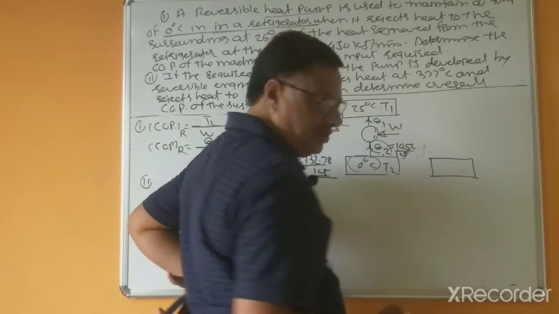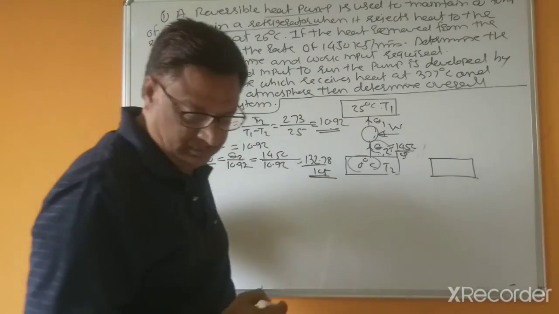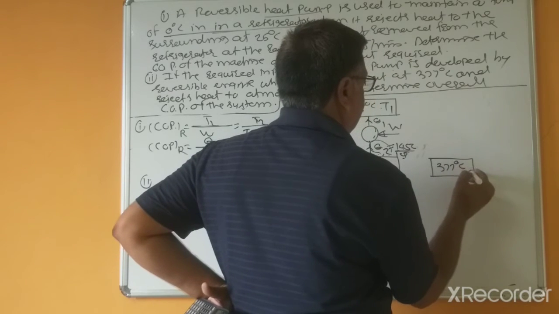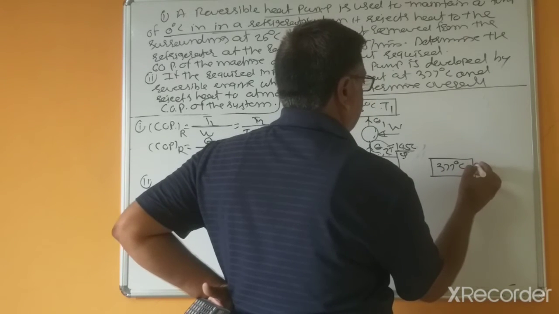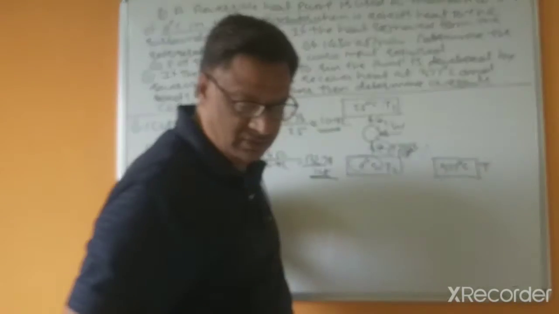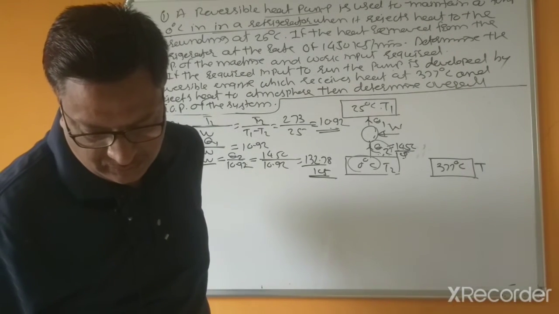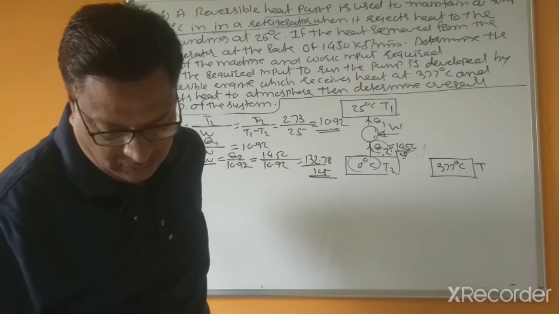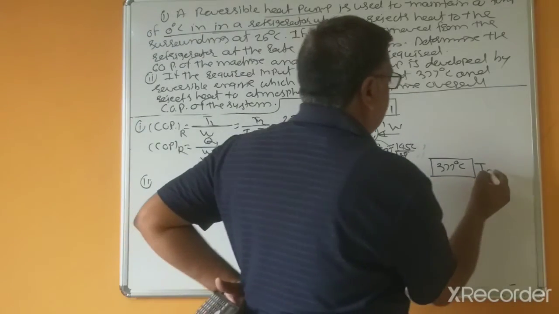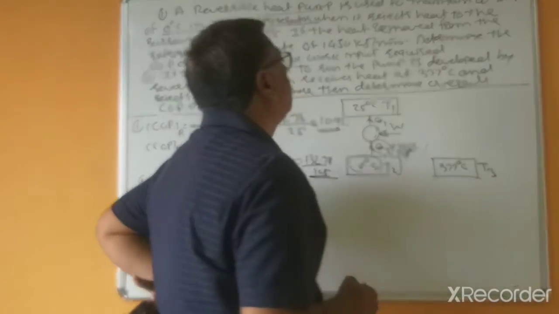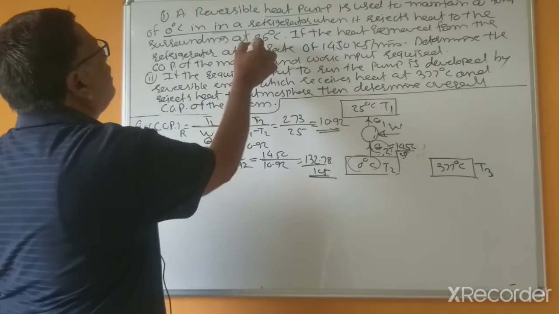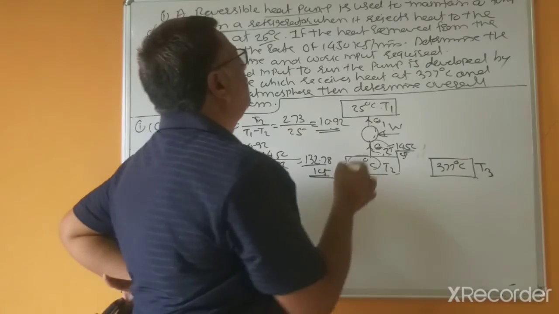Suppose I change this arrangement. This is 377 degree centigrade and this temperature is equal to T3, and the surrounding at 25 degrees, means this is atmosphere.